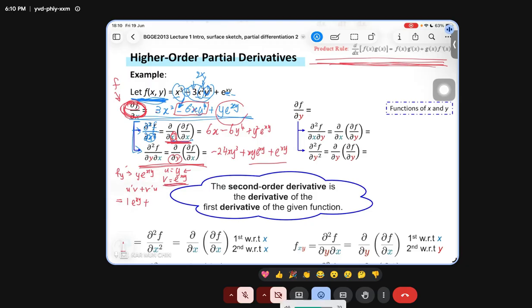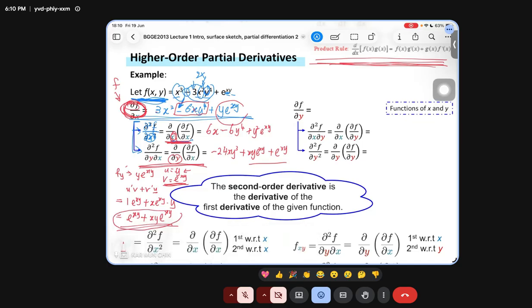When you differentiate the v, you get x e to the power of xy, and then you copy the u, which is y here. If you put them together, you will get e to the power of xy plus xy e to the power of xy.